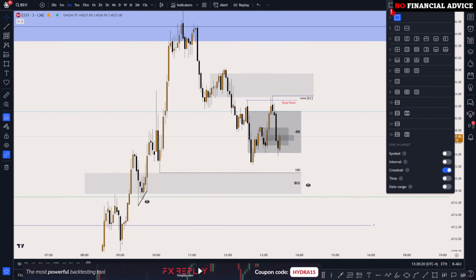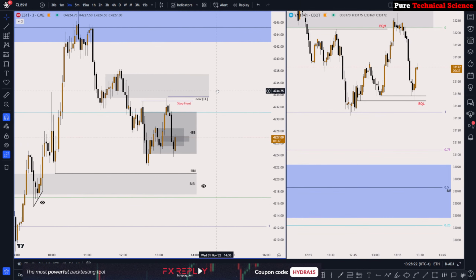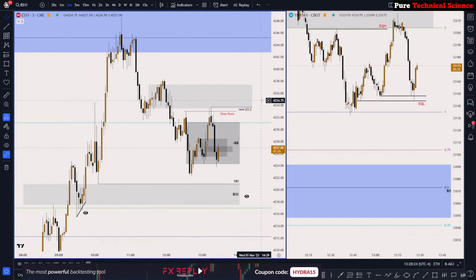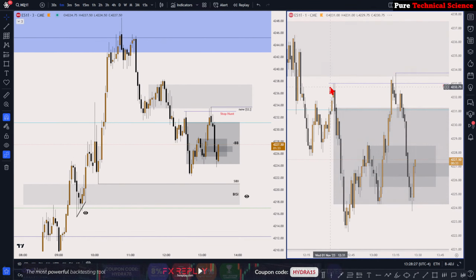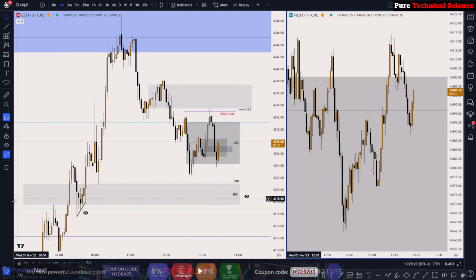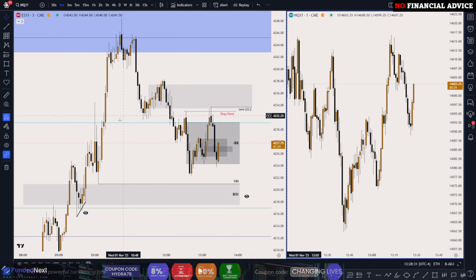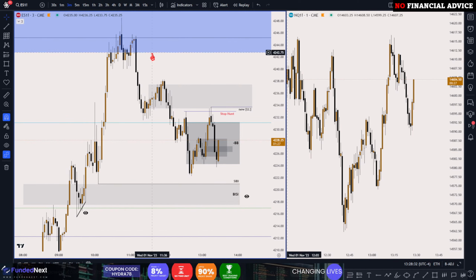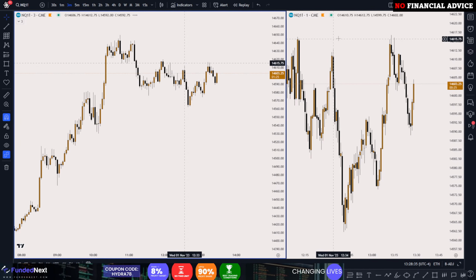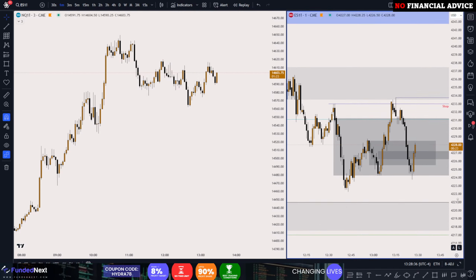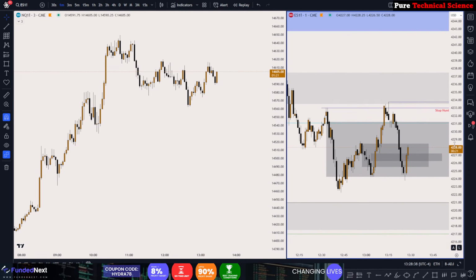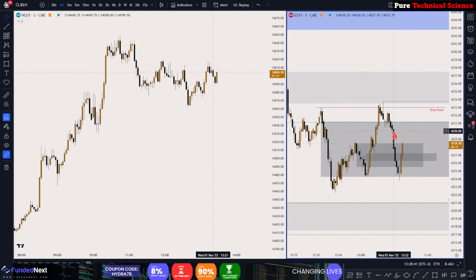And now let's go to NASDAQ. Let's go to NASDAQ and I'll put my ES chart here. We are safe as long as price is not closing a candle body above this fair value gap.